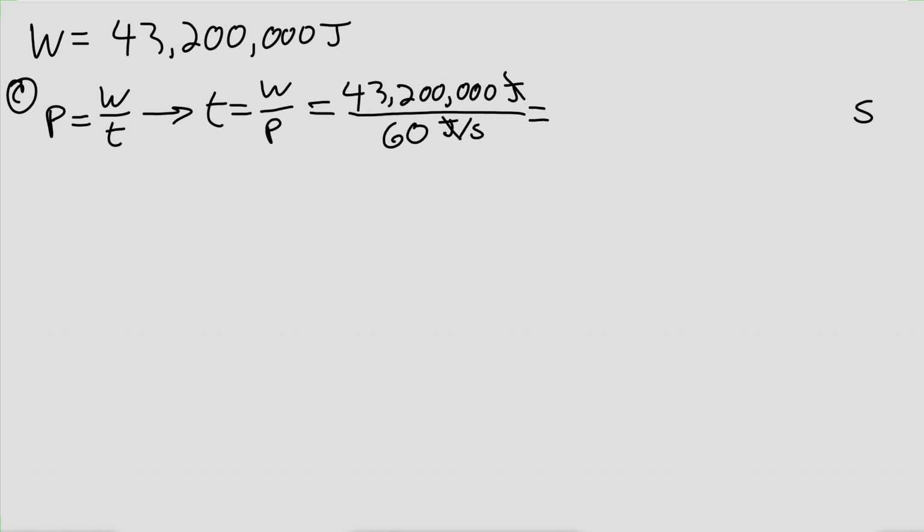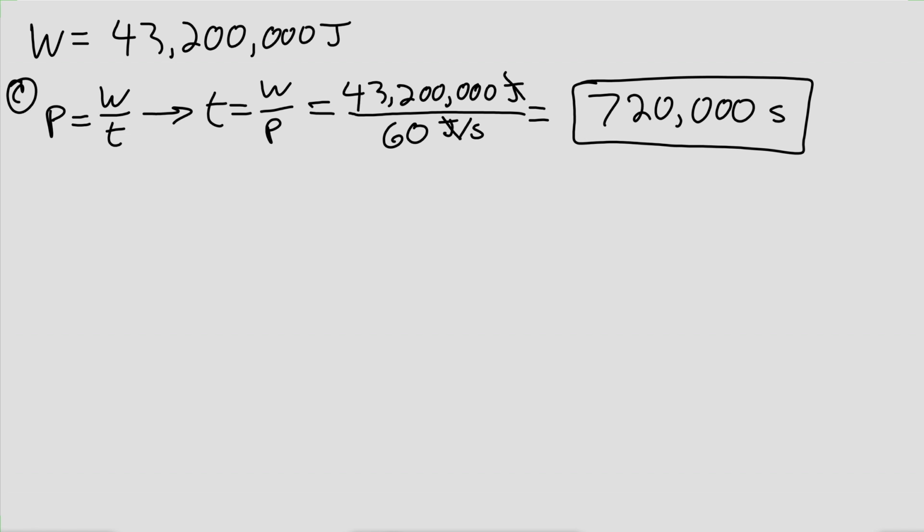If you ask your calculator what is 43,200,000 divided by 60, it's going to give you 720,000 seconds. So there's our answer in seconds, which is one of the things we were looking for.